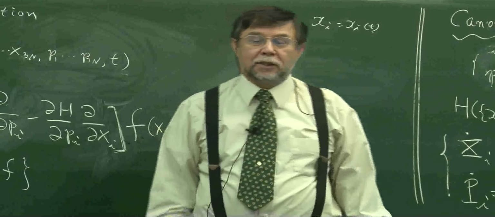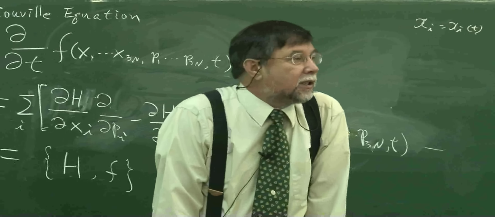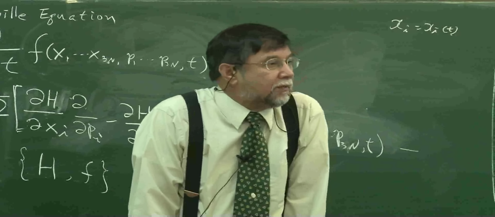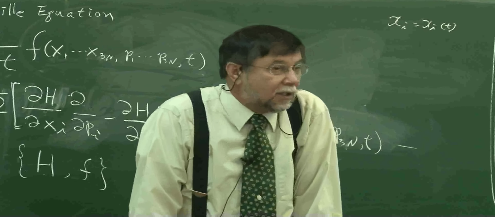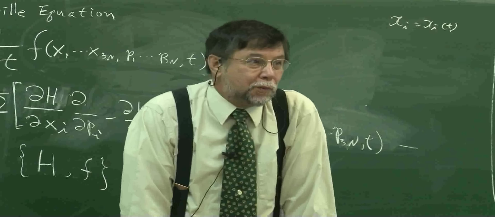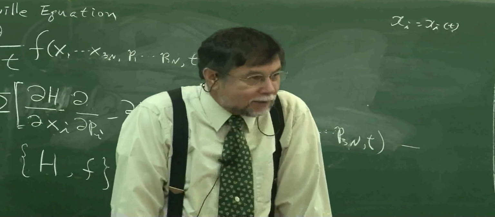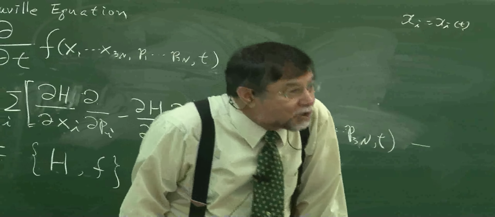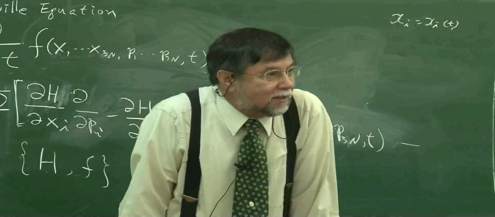In quantum mechanics, you have a wave function, and you follow the evolution of the wave function. That is the Schrödinger equation. Okay? What does this mean? Look, quantum mechanics asks the evolution of a function.